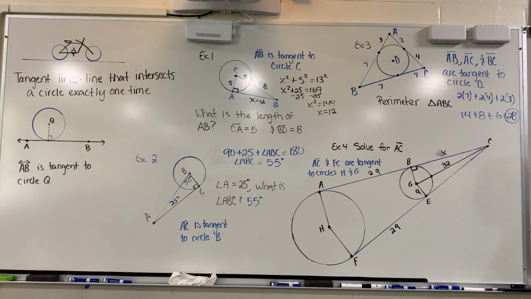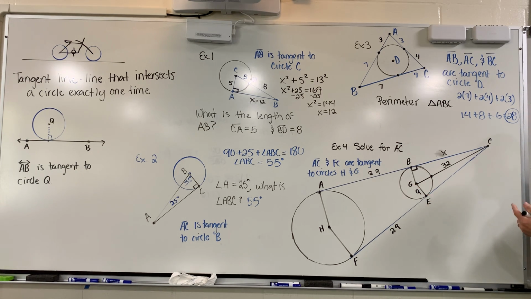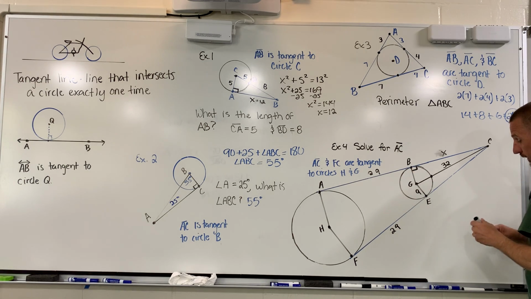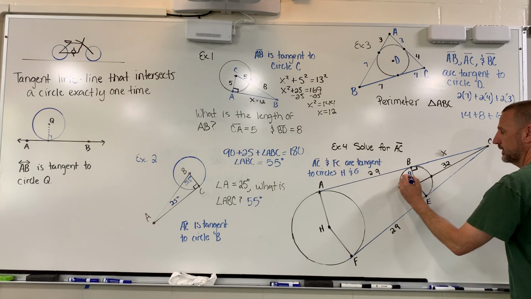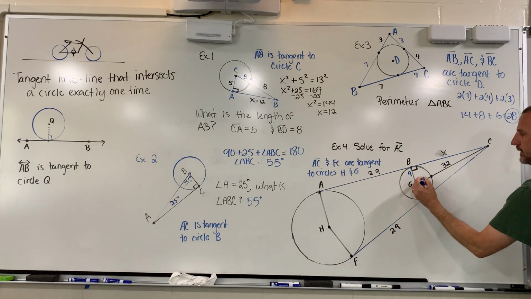Well, I can do that if I think a little bit about how this whole thing works. If this distance from G to E is 9, and it's a radius, that means the distance from B to G is also 9. Just like the distance from here to here is also 9.